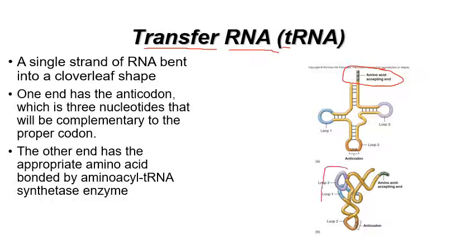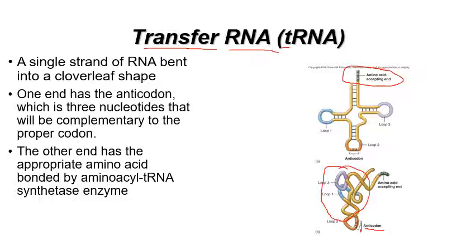This is what it actually looks like, but there is a region that has an anticodon. This region is going to complementary base pair with the codon in the messenger RNA. Okay, so this will be the complementary nucleotides, bases, to the actual codon in the messenger RNA.